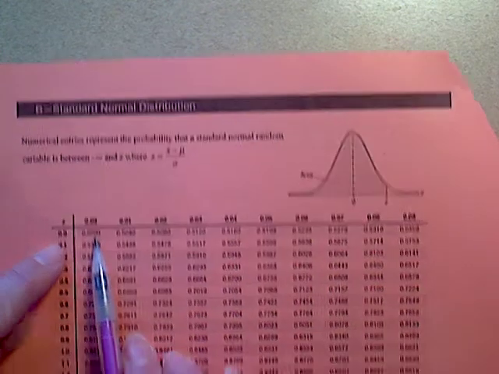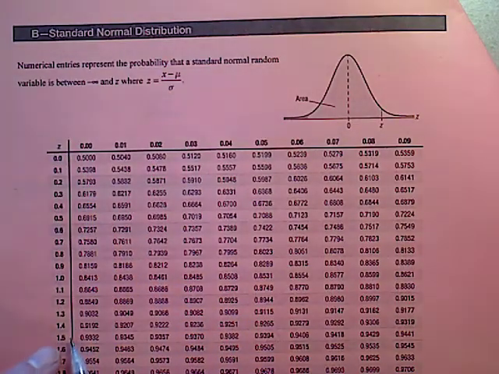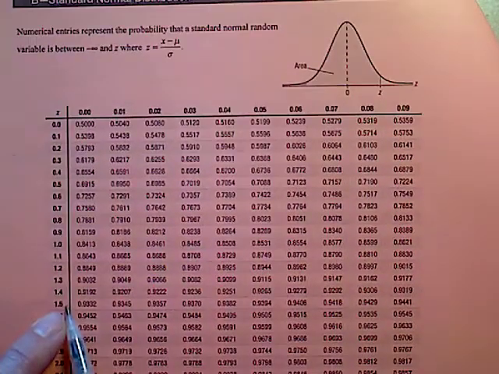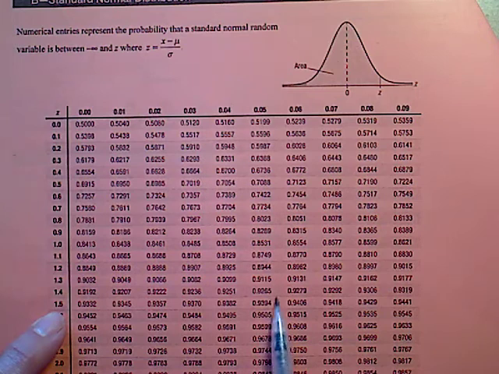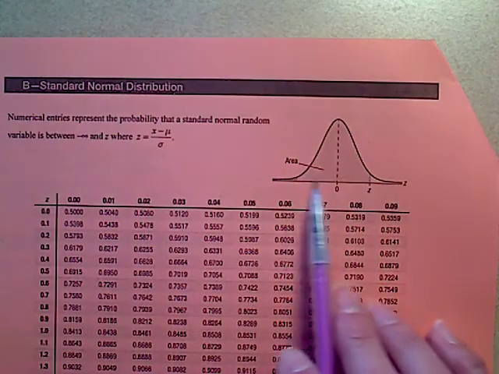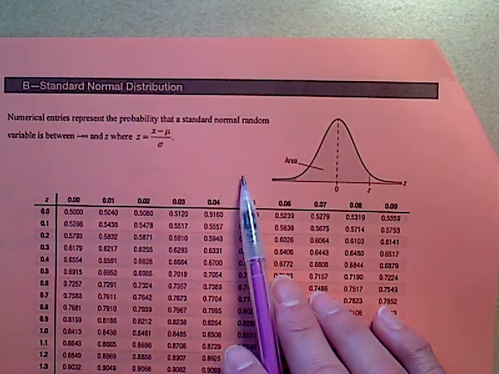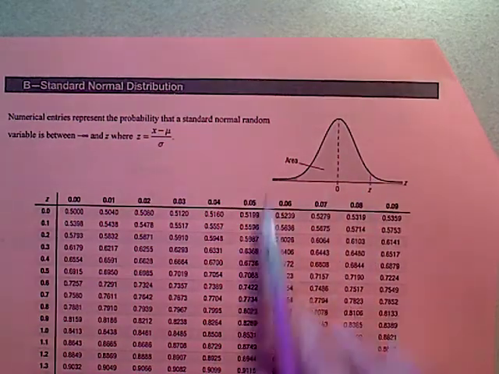Look at 1.55, positive 1.55. Go find it. There. 0.9394, is that what you found? All right, 0.9394 is the area from 1.55 on down to the left. Okay, it's most of our data, right?